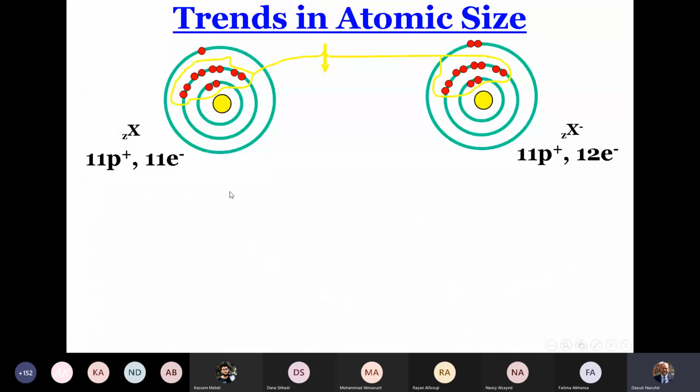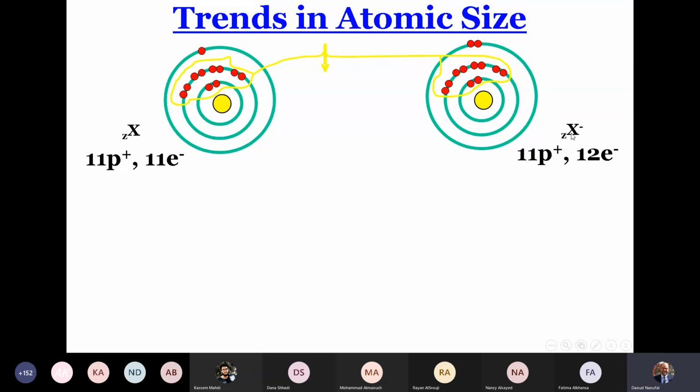For example, compare the radius in X having atomic number Z and X minus. We know that X minus has the same Z as X. So the previous rule to compare QQ prime cannot be applied. So what is the rule that can be used? First of all, for example, I have 11 protons and 11 electrons.